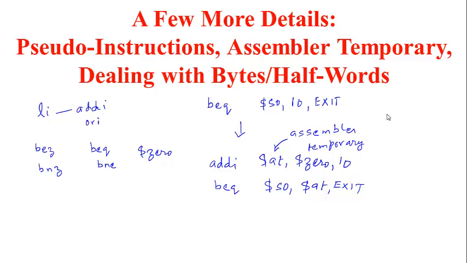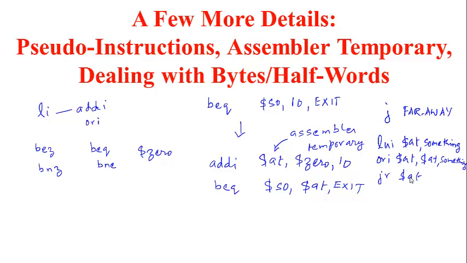register. Another example of the use of assembler temporary register is to support jumps which cannot be supported directly by the machine instruction jump with an immediate operand because it's too far away. So here what you do is use the assembler temporary. The assembler loads the assembler temporary register with an appropriate value and then uses the JR instruction internally to jump to that particular value.